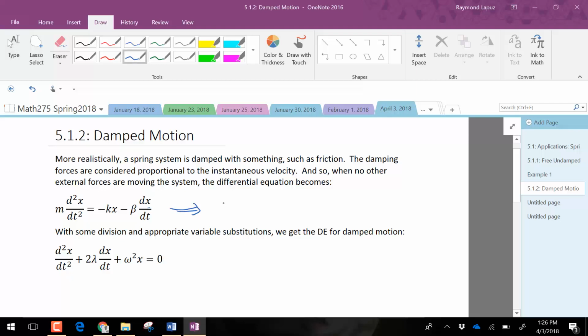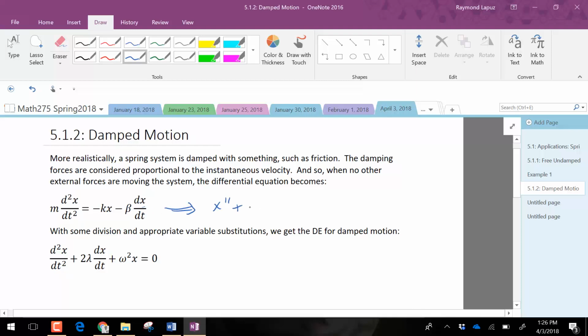So we have x double prime plus beta over m x prime plus k over m x is equal to 0. So the k over m is omega squared, and then the 2 lambda over here gets equated to the damping constant. So we got 2 lambda is equal to beta over m.